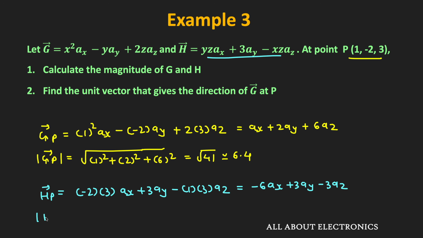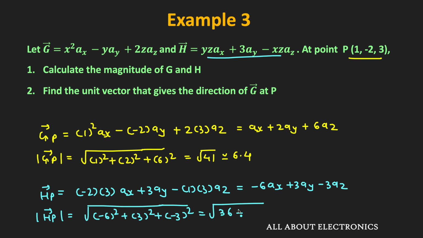And now, if we see its magnitude, then that is equal to square root of minus 6 whole square plus 3 whole square plus minus 3 whole square. So that is equal to square root of 36 plus 9 plus 9, and that is equal to square root of 54. So if we further simplify it, then that is roughly equal to 7.348.